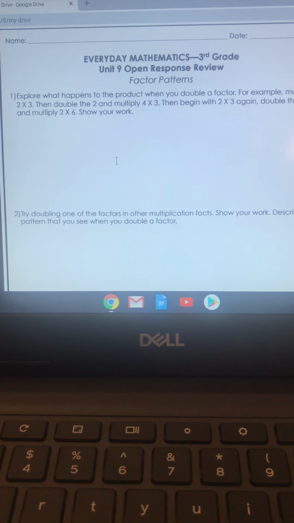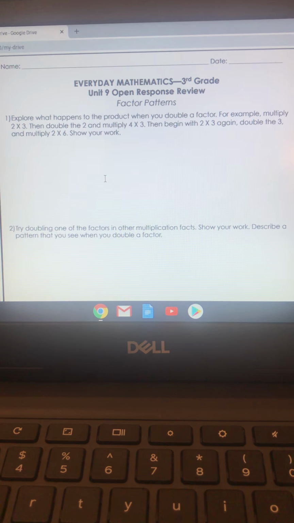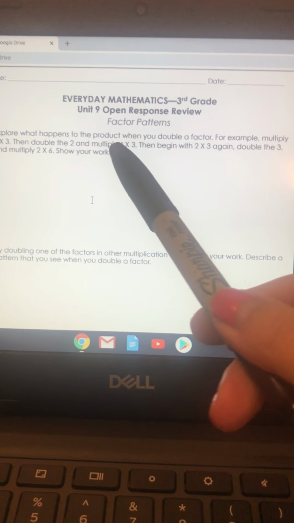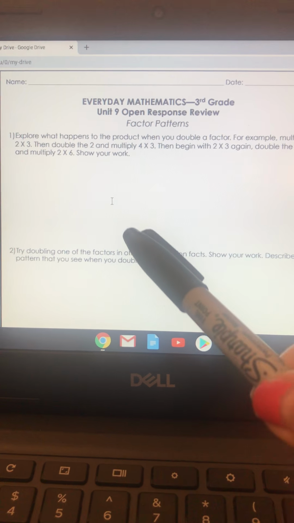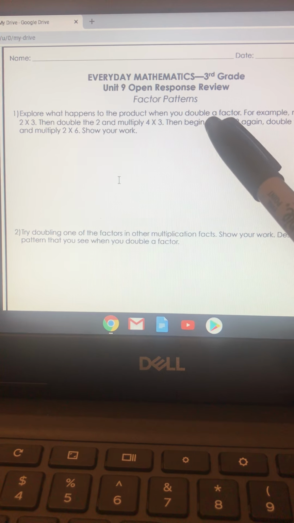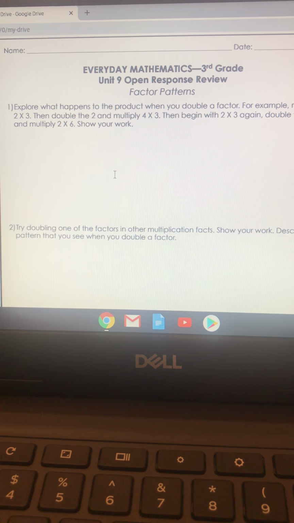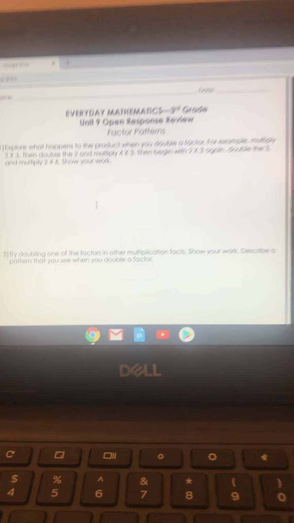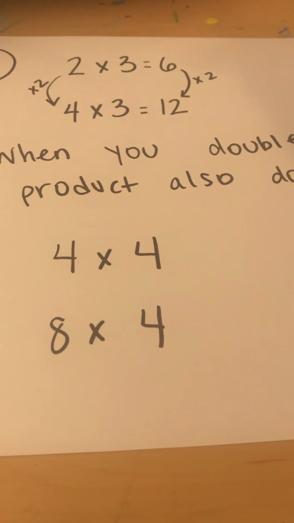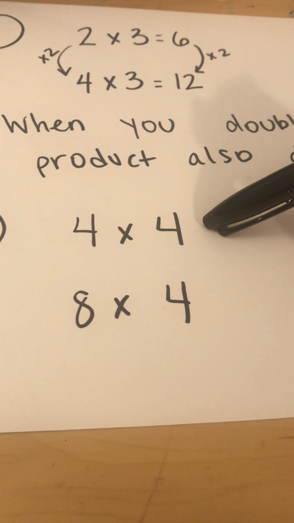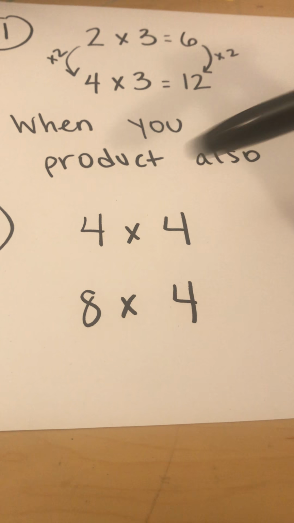It says, try doubling one of the factors in other multiplication facts. Show your work. So they don't want you to use 2 times 3 anymore because we already did that. Now they just want you to prove that this is correct, that anytime you double a factor, the product will also double. So I wrote some down right here. If I want to do 4 times 4 and I want to see if I double one factor, will the answer double?